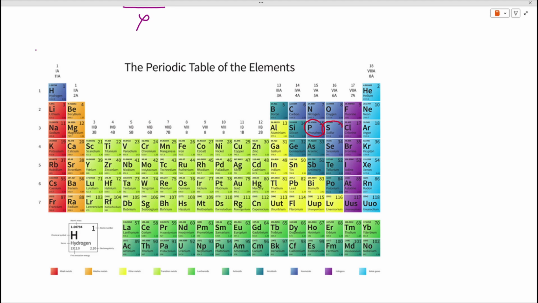Similarly, oxygen can form only 2 bonds, but sulfur present over here can make 6 bonds. Fluorine can make only 1 bond, but chlorine can share all its 7 electrons. So these elements have a tendency to expand their octet, which means after sharing, phosphorus can have 10 electrons total, sulfur can have 12 electrons, and chlorine can have 14 electrons.